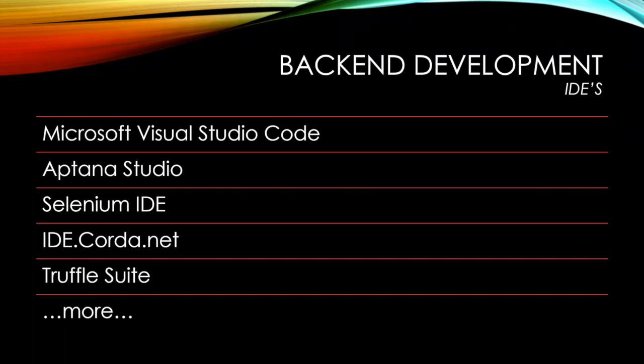We've got Microsoft Visual Studio Code, Truffle Suite, Remix IDE, IDE.corda.net, and a whole ton more. It's interesting to note that Remix is part of the Ethereum platform and is used to program Solidity. Solidity is the programming language for the smart contract, and it's pretty much specific and by itself, right?